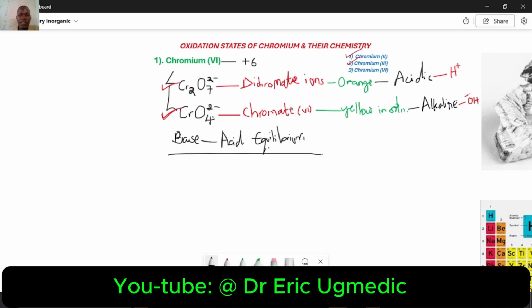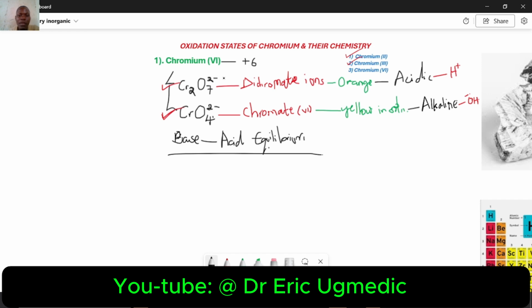So having seen that dichromate is stable in acidic and chromate is stable in alkaline, it means if we added an acidic medium to a solution containing chromate ions, they will rather change to the form which is stable in acidic medium. That is, the chromate would change to dichromate.